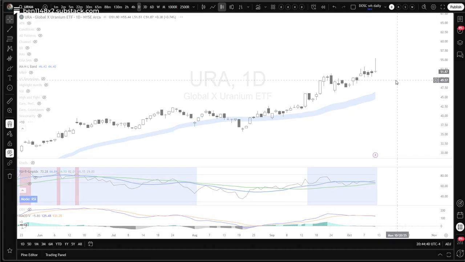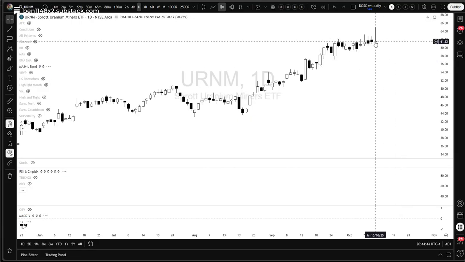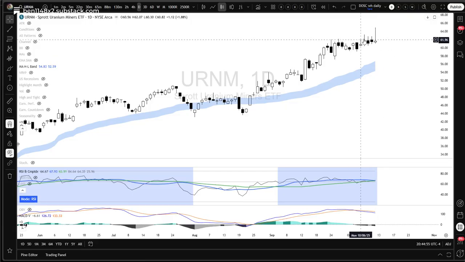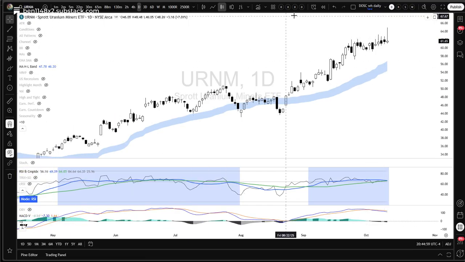We'll take a look at the uranium miners. Very similar type of candle, long upper wick, had a bullish close for the day, put in a higher low for the week, but again, this is not a very encouraging candle for continuation. So we want to see what it does over the next couple of days.